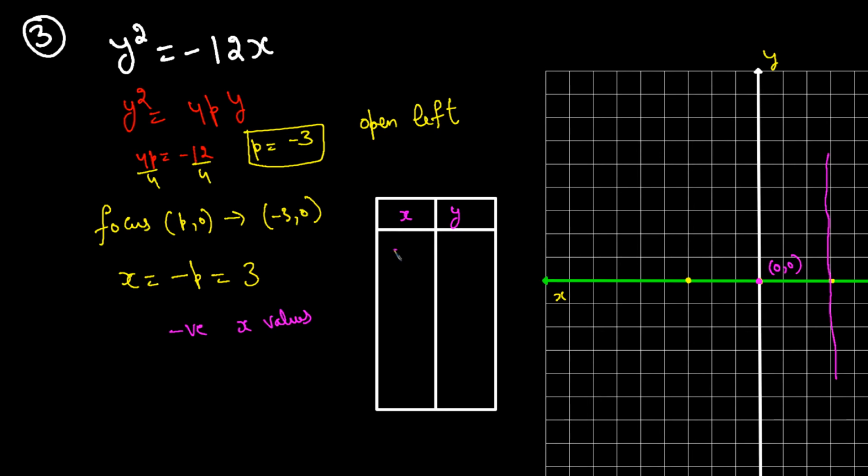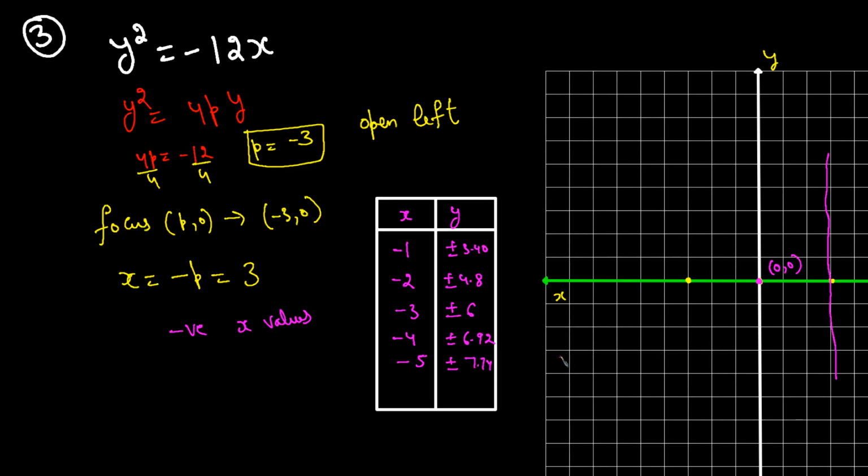So x negative 1 gives me plus minus 3.46, minus 2 gives me plus minus 4.8, minus 3 gives me plus minus 6, minus 4 gives me plus minus 6.92, minus 5 gives me plus minus 7.74.